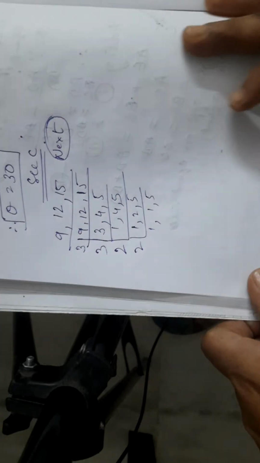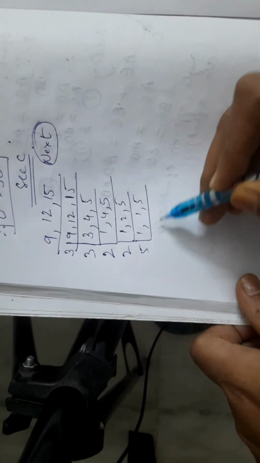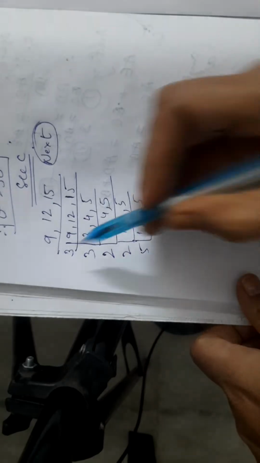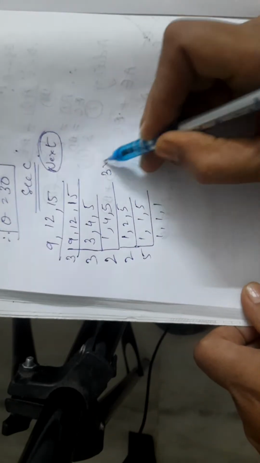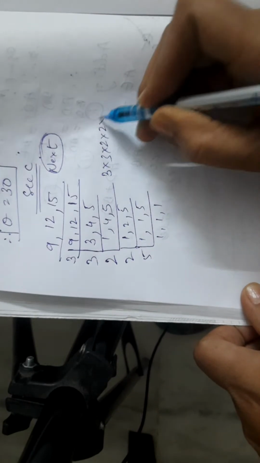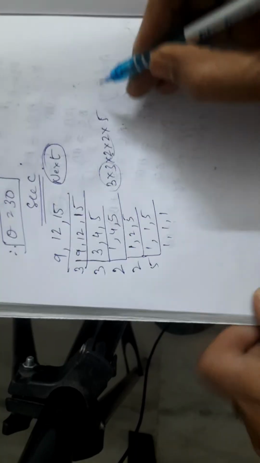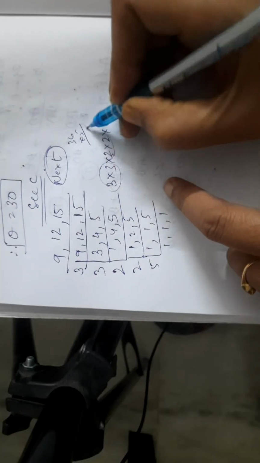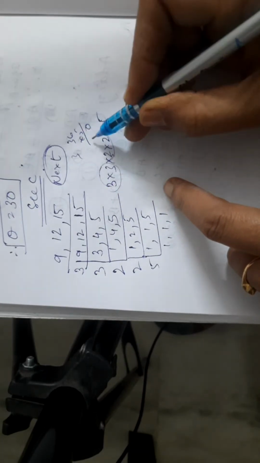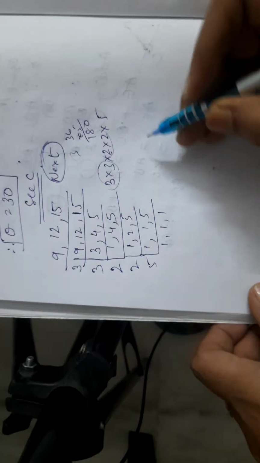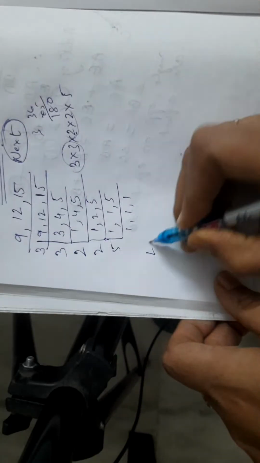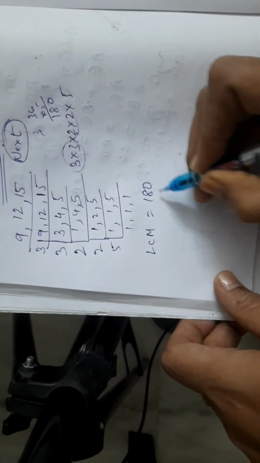So start from 2 instead of 3. So here we got the value: 3 3s are 9, 9 4s are 36, 36 5s are 180. So we got the LCM as 180.